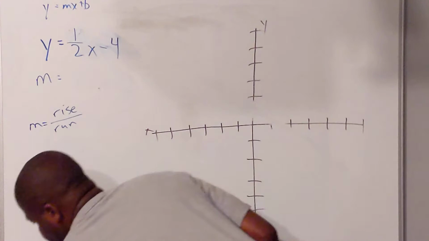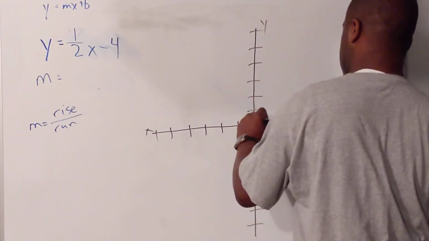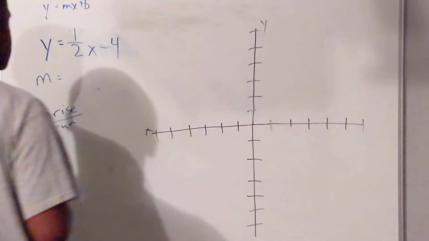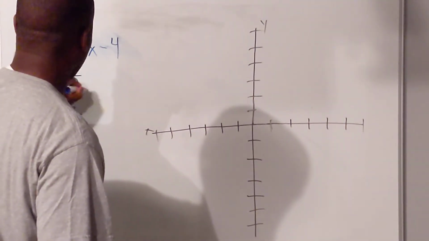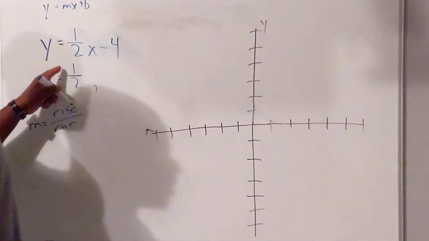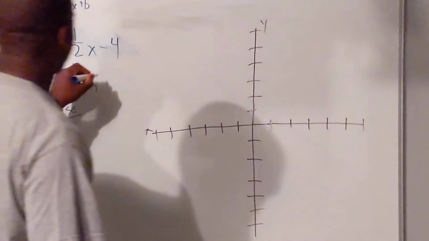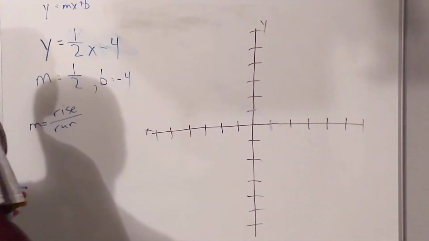All right. The first thing that we do, once again, we need to identify the slope. The slope is 1/2. That it's positive, so that means it's going to do what? Rise. And the y-intercept is negative 4.